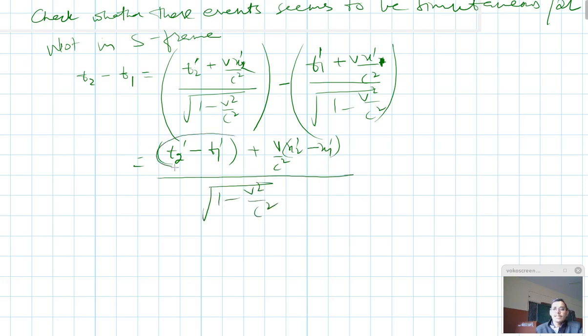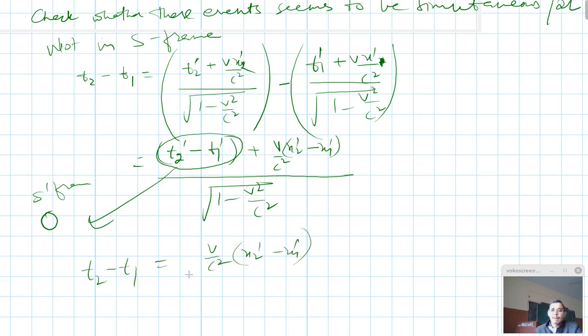But since the events are simultaneous in the S prime frame, the first quantity will be 0. So this makes t2 minus t1 equal to v over c square times x2 prime minus x1 prime, upon the square root of 1 minus v square by c square. And this is not equal to 0 because x2 prime minus x1 prime are different.